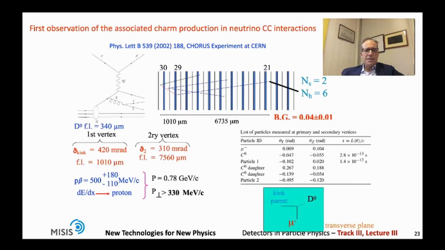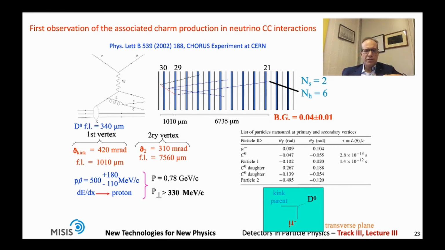And then, again the CHORUS experiment also observed a very peculiar event, the associated charm production in a neutrino charged current interaction. You have a charged current interaction with the muon coming out, and together with the muon you have two charm particles, a charm and an anti-charm quark, which then hadronize to two charmed hadrons.